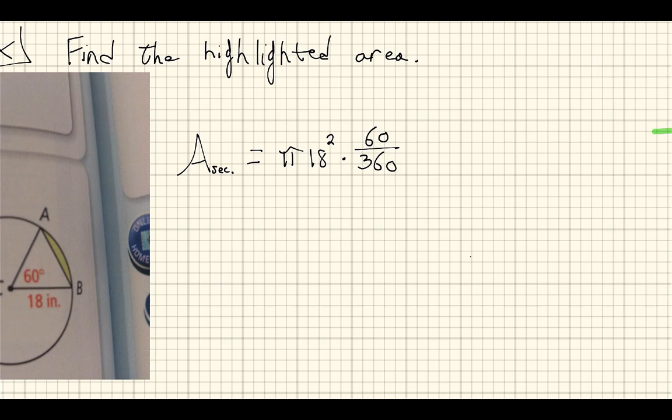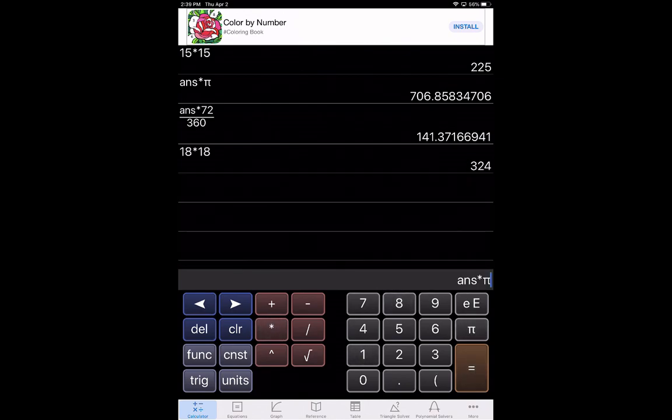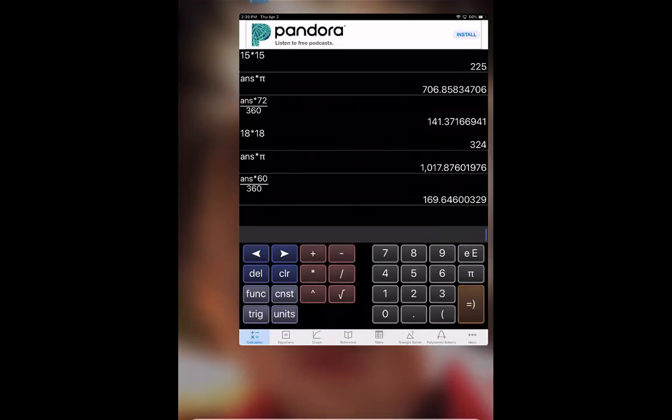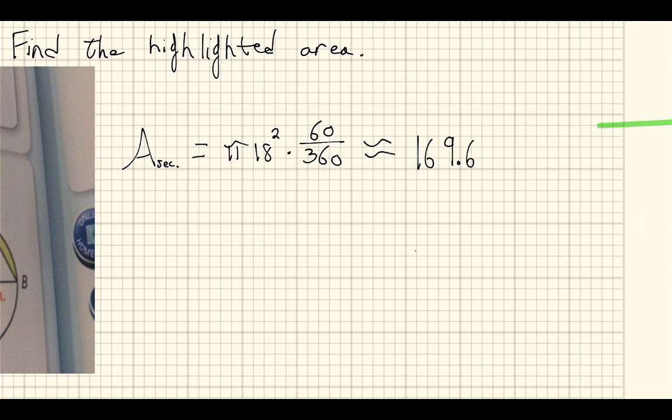Let's see what we get. 18 times 18, multiply that answer by pi, multiply by 60 and divide by 360. We get 169.64. We're going to say 169.6 inches squared. So that's the area of the sector.